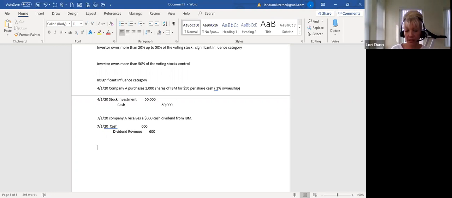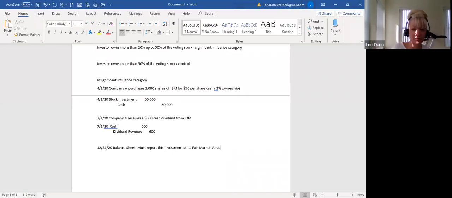Okay. Now, the insignificant influence category of stock investments must be reported at fair market value on the balance sheet date. So on 12/31/20, when you do a balance sheet, you must report this investment at its fair market value, just like we did for trading debt investment and available for sale debt investment.